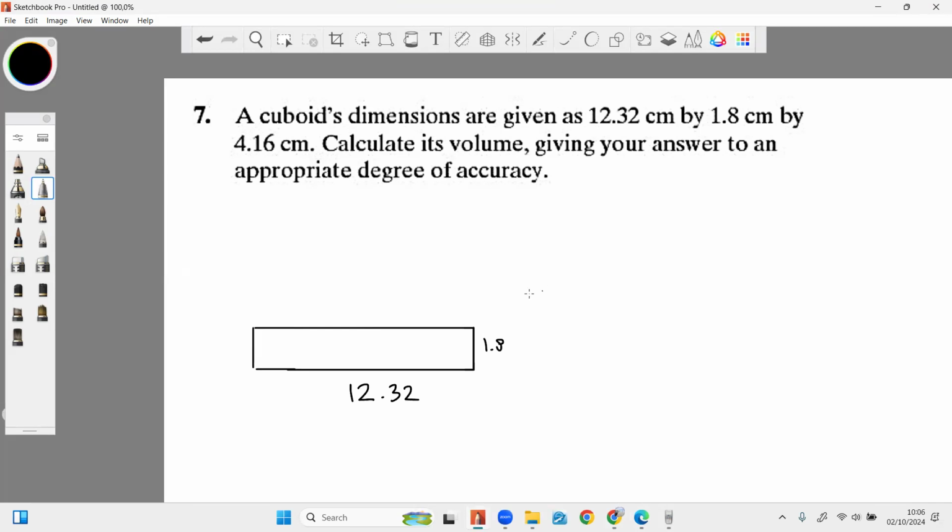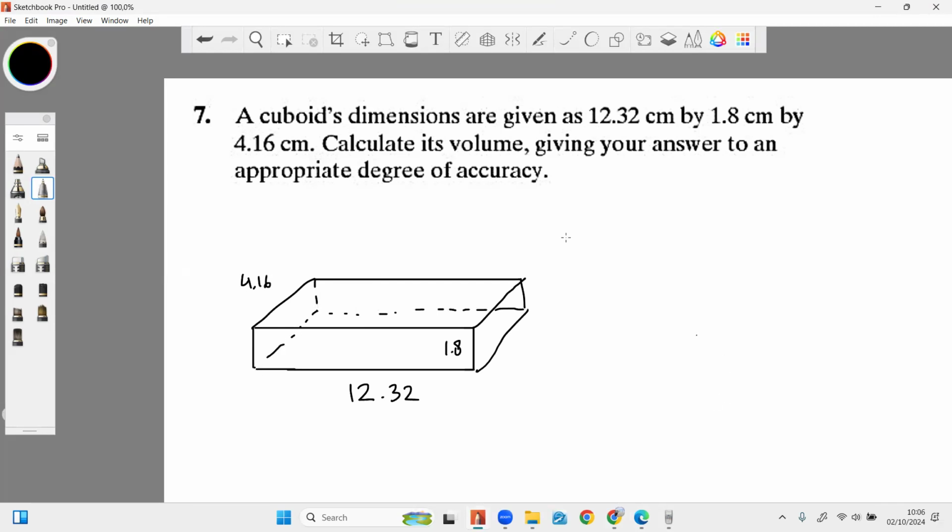And then the depth is 4.16. And there you go. I think I erased the 1.8. I put it a bit here. Okay, you can make the invisible part.